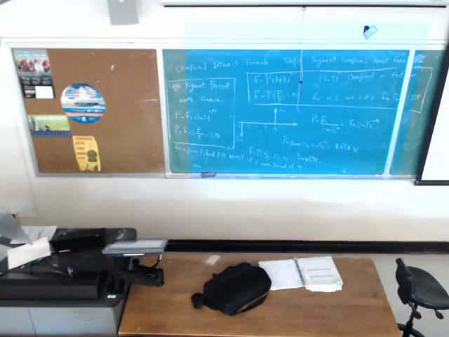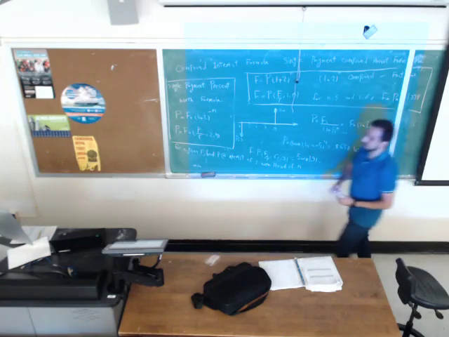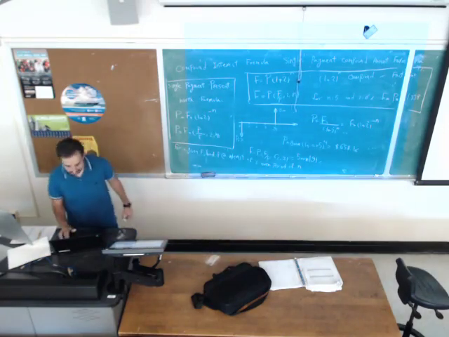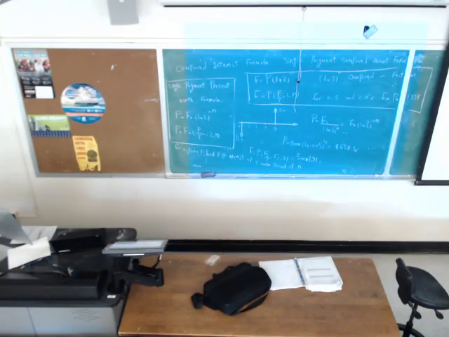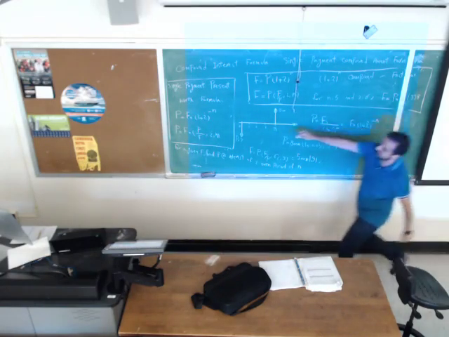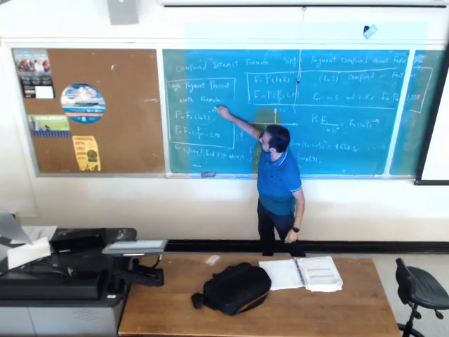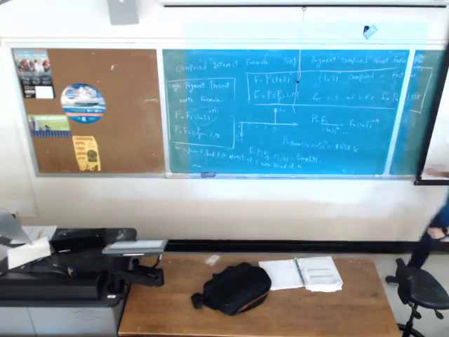The other form to solve this problem is that we are looking for P for a given F: F times P over F, i, n. F is 800. I'm reading this factor from the table, Appendix C. If you look at Appendix C, the second column says present worth factor. So this factor is called the present worth factor.